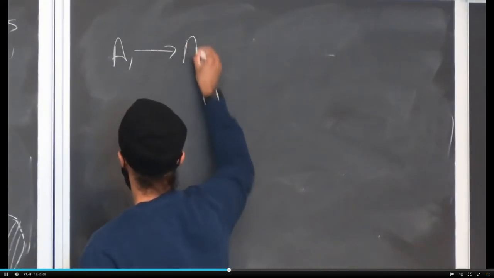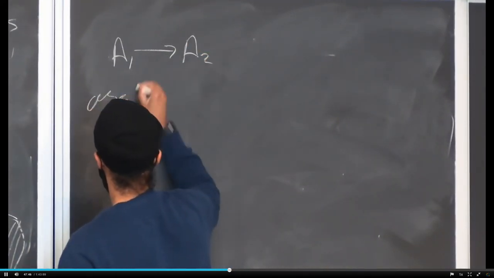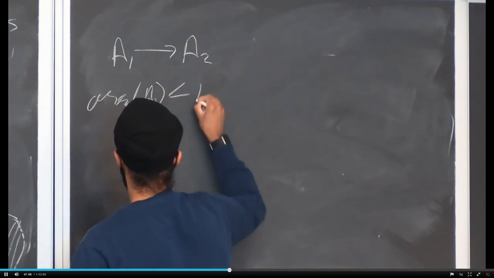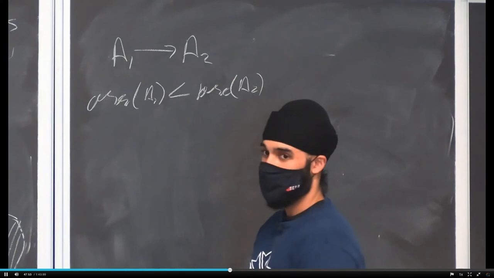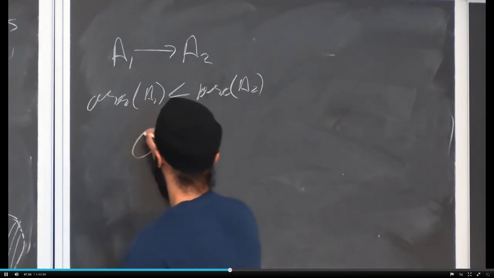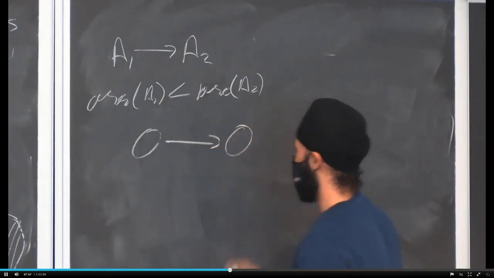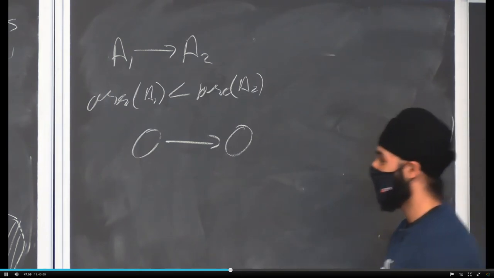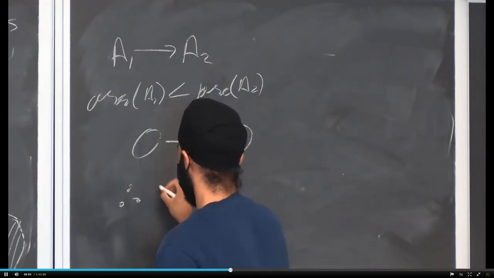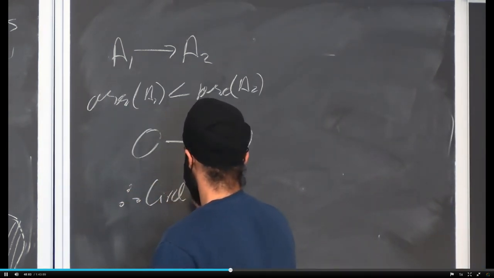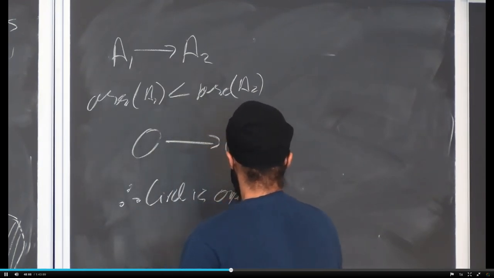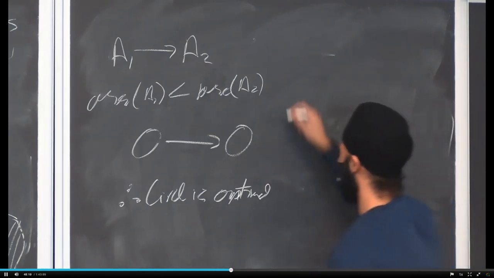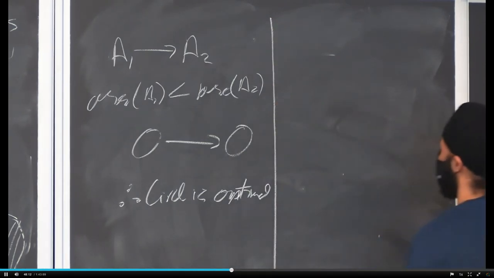So if I have figure A1, I can optimize it into A2 so that the area of A1 is less than the area of A2. Now if I take a circle and try to optimize it, I'm going to get a circle once again. Therefore, the circle is optimal.